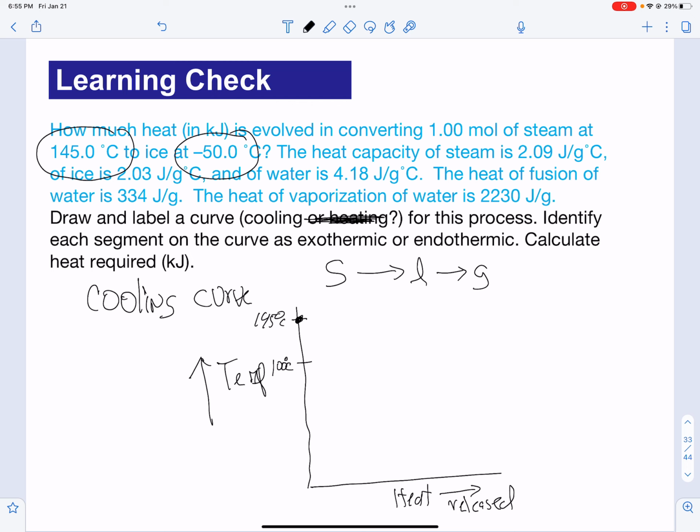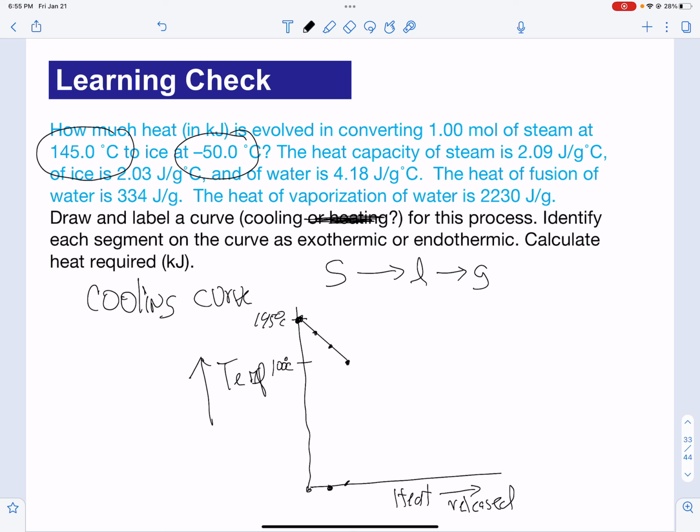So as we release heat, it's going to go down to 100 degrees Celsius. So the temperature is going to go down. So at 145, some heat has been released. At this point, some more heat has been released. And it makes it up to this point. And we know that at 100 degrees, there's a phase change.